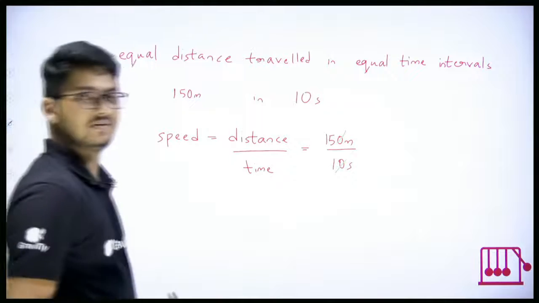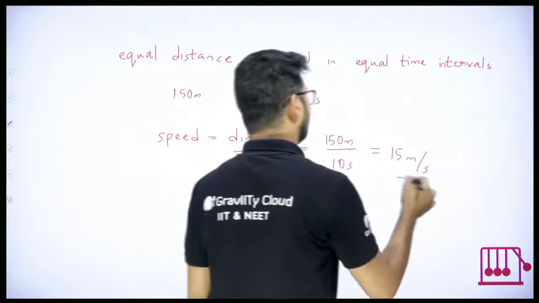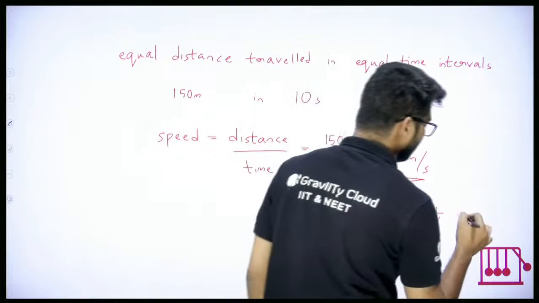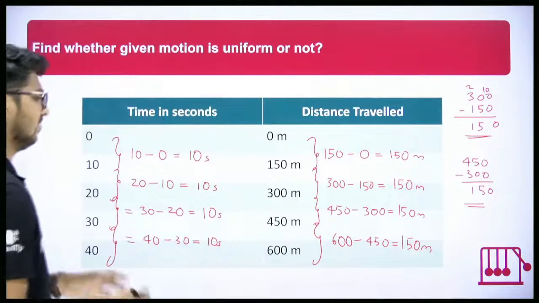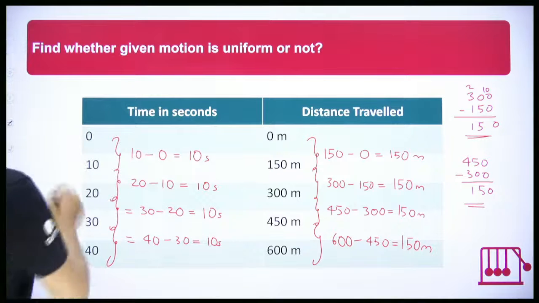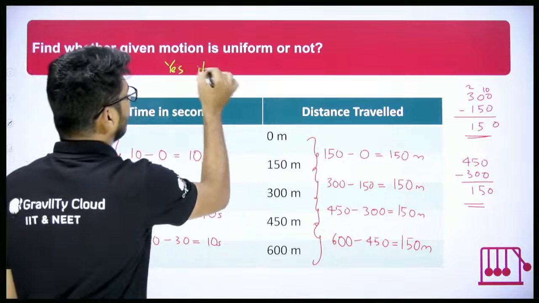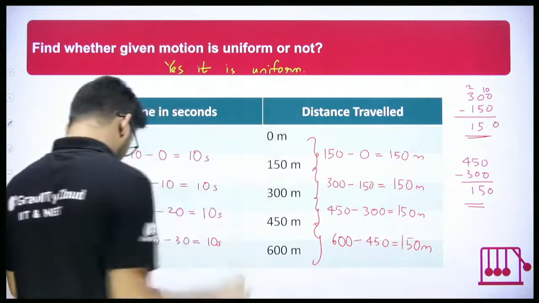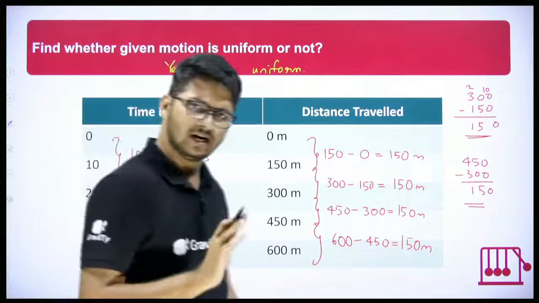What is remaining? 15. The speed will be 15 meter per second and the speed is constant. Obviously, we need not calculate speed according to the question, but we are doing it. So, find whether given motion is uniform or not. Yes, it is uniform. Clear? Understood? Simple enough? Good.